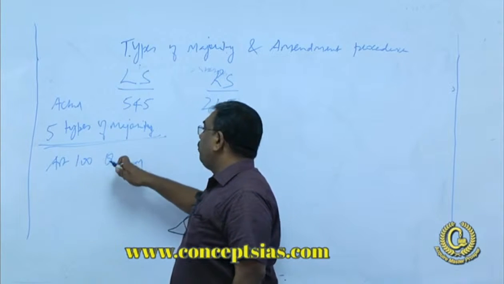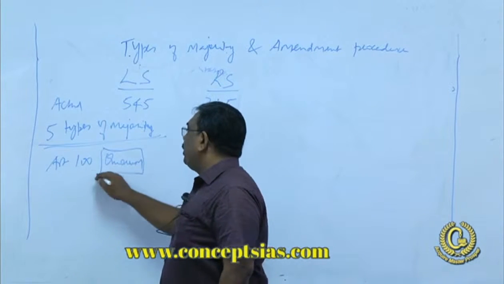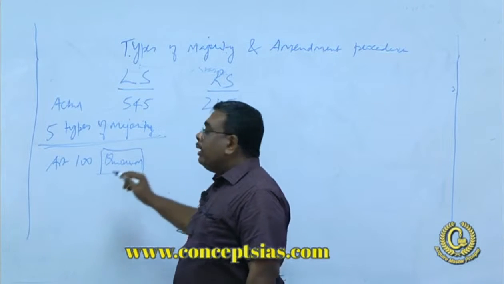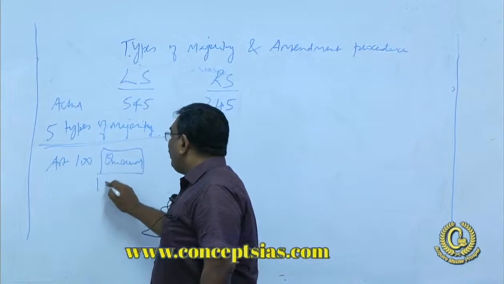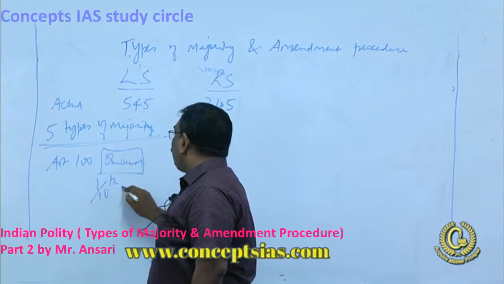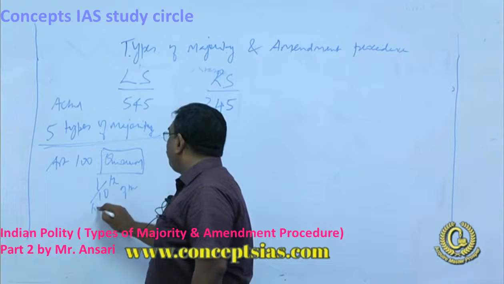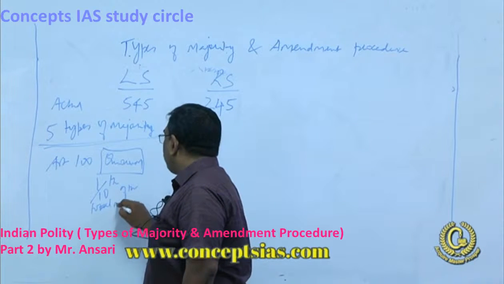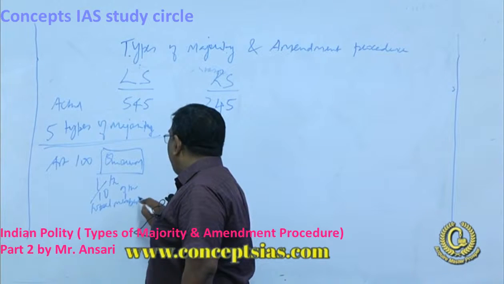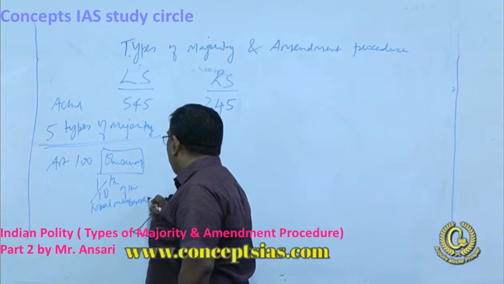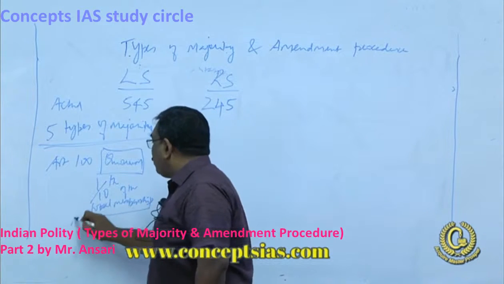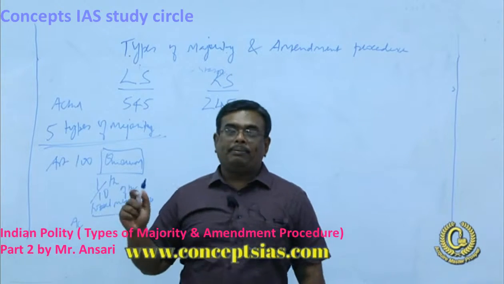That is called the quorum, and that quorum is mentioned in Article 100. The quorum is 1/10 of the total membership of that house. When I mention total membership of that house, it means the actual strength, not the sanction strength.